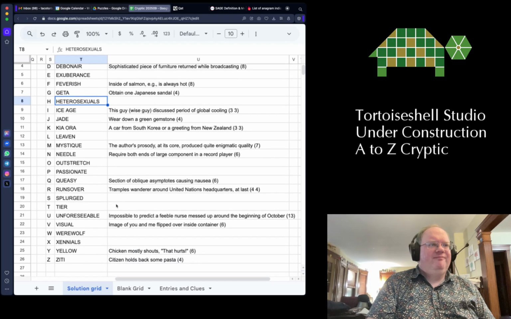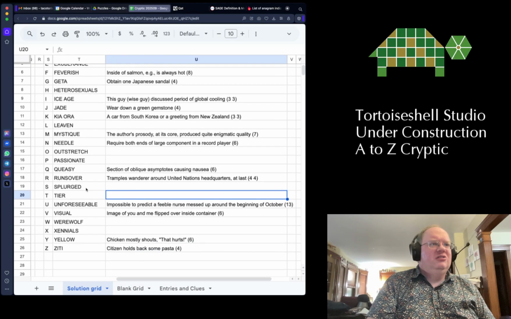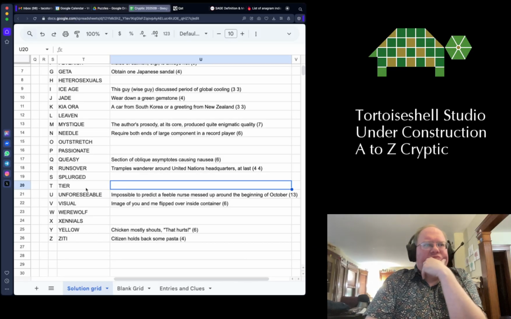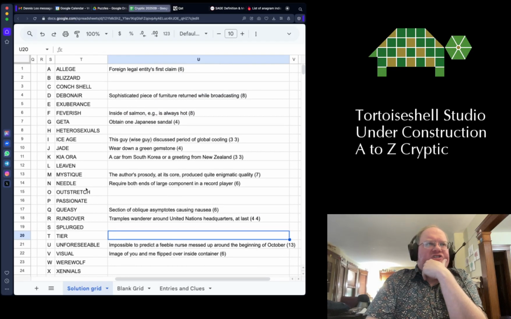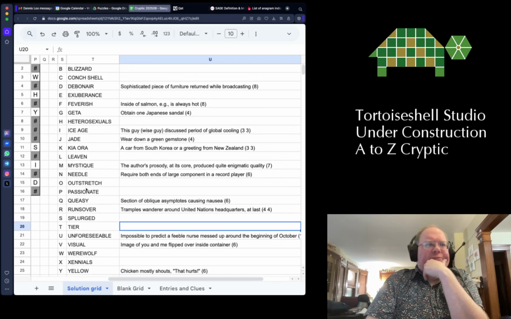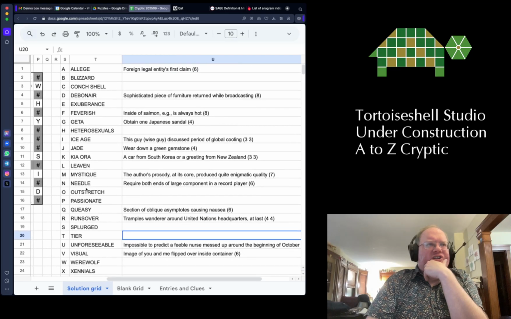So tier is one where I could, although homonym is easy to do for tier or something else that could go there, might be a good opportunity for a deletion since I don't have really anything else that would give me a good deletion opportunity that I can see from here. I might be able to manufacture something for 11.